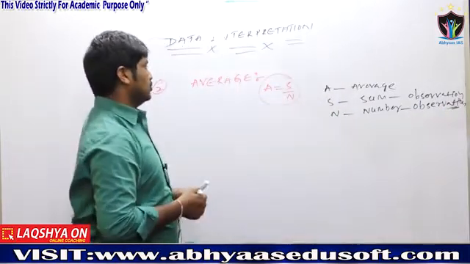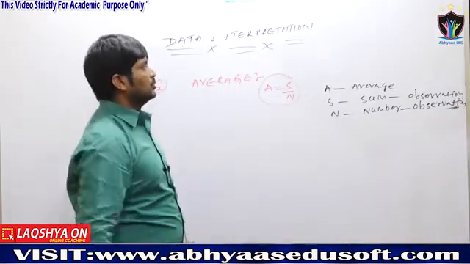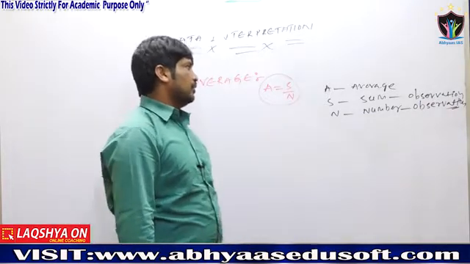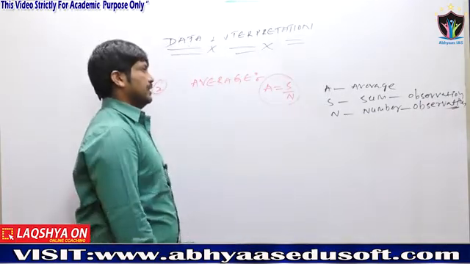Right friends? So A is average, S is sum of the observations, N is the number of observations, right?